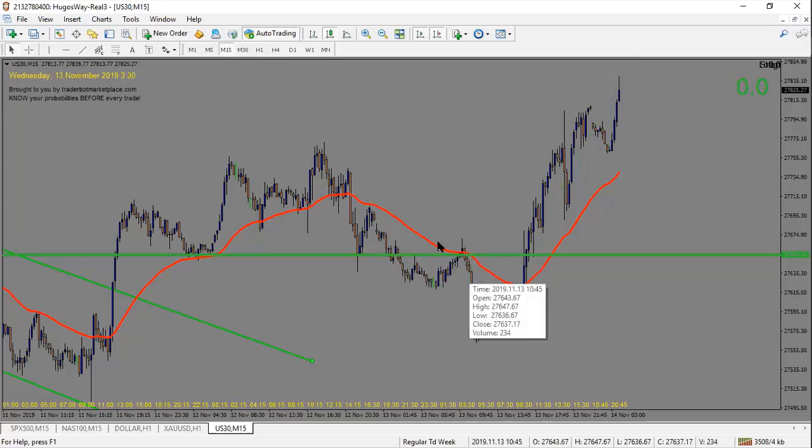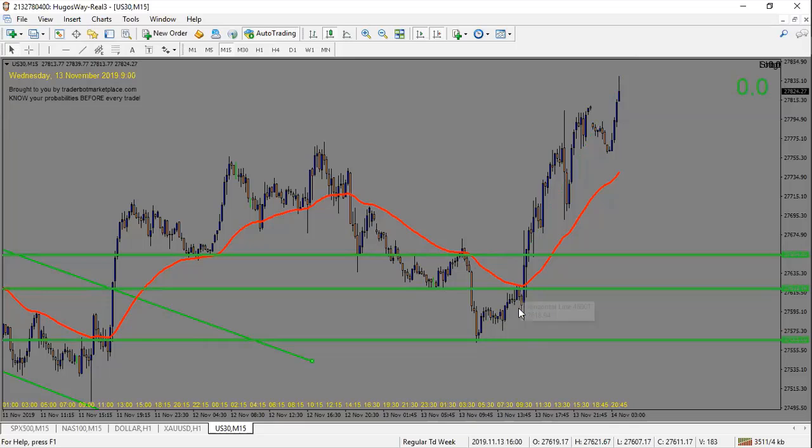It hits the 50, starts to reject, take it right back to the previous low. All right? This one, we probably got burnt on. But depending on your stop loss, it should still be good, right? How many pips is this?